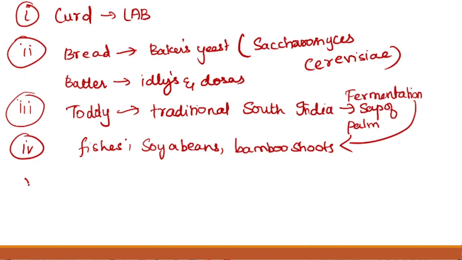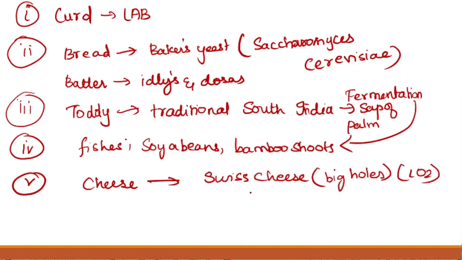In cheese we discussed Swiss cheese. Swiss cheese has lots of big holes in it, due to the production of a large amount of carbon dioxide.